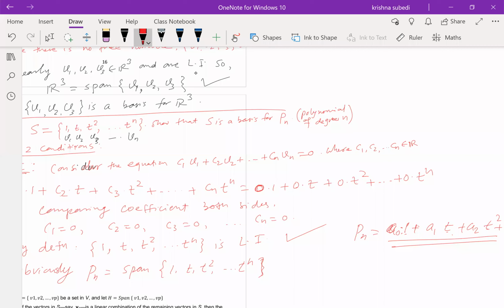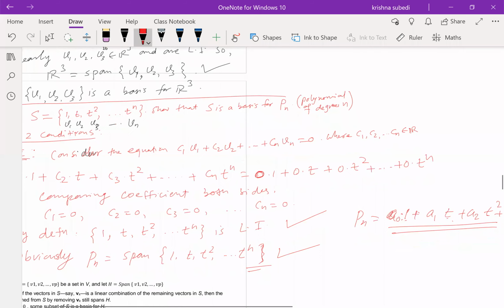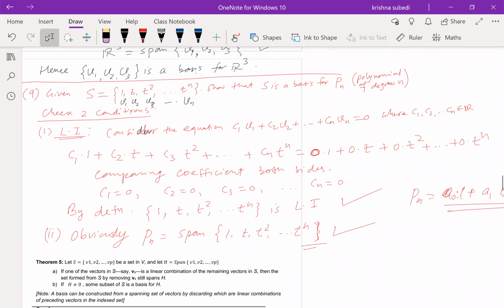It doesn't require any proof. So this clearly spans, so spanning is also done. So you can write S is a basis for Pn. Done.